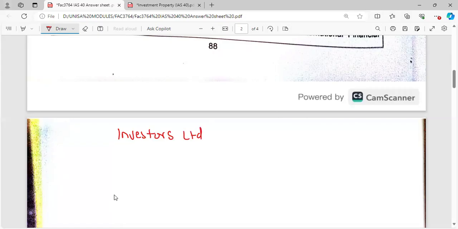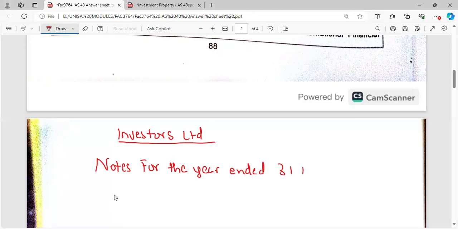They want us to disclose the notes for the year ended 31 December 2023.